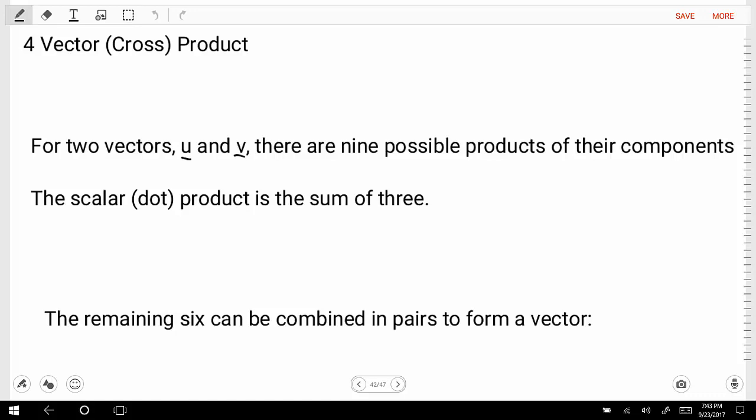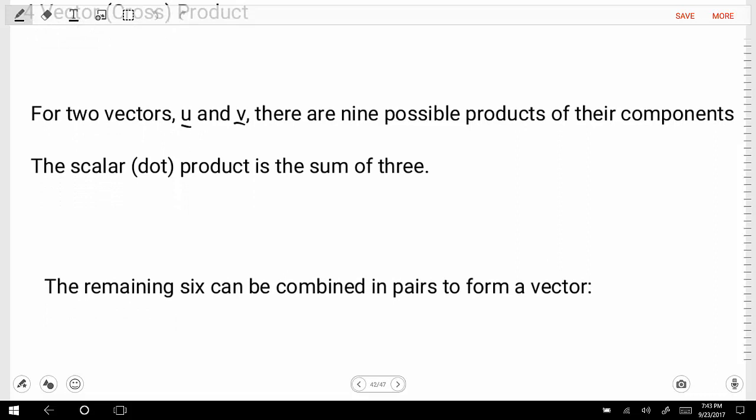Previously we looked at the scalar dot product, and we found that the dot product is the sum of 3 of those possible products of components. So if we do the dot product of u and v, we'll find that it's a sum of 3 components, u1 v1 plus u2 v2 plus u3 v3, right?